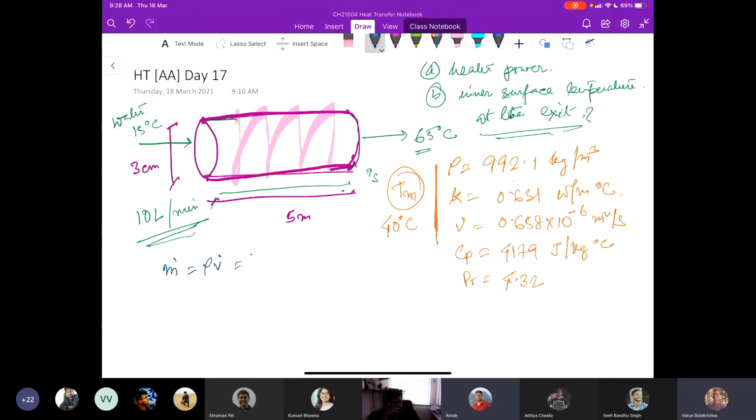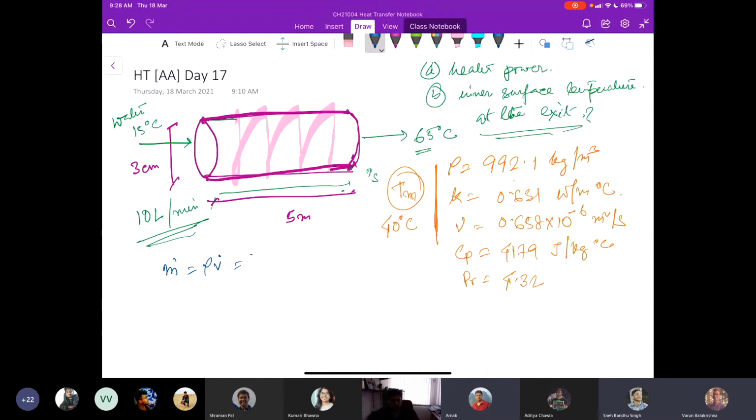So 1 liter is 10 power minus 3 cubic meter. Okay. Yes, sir. So go ahead with the calculation: what is my m dot, the mass flow rate?